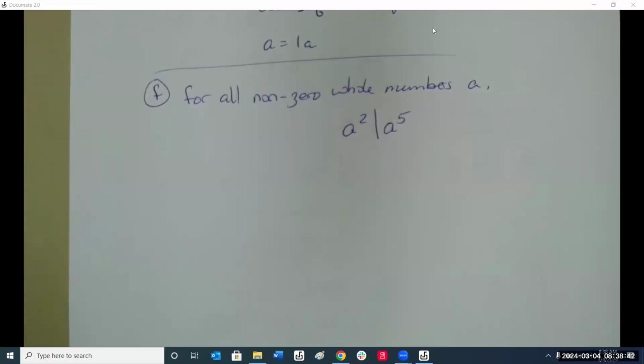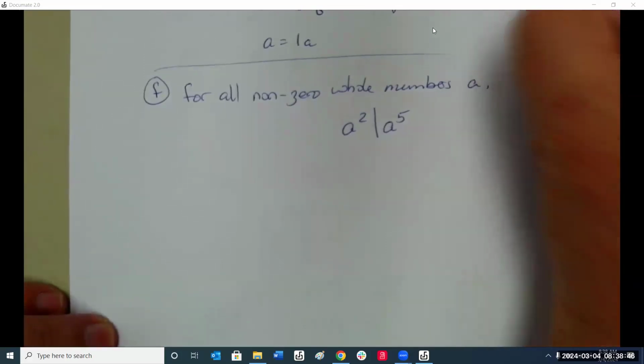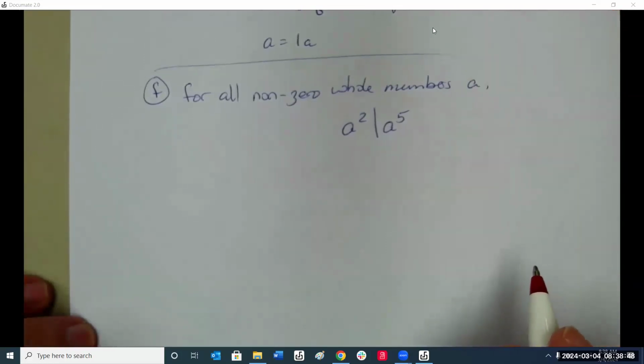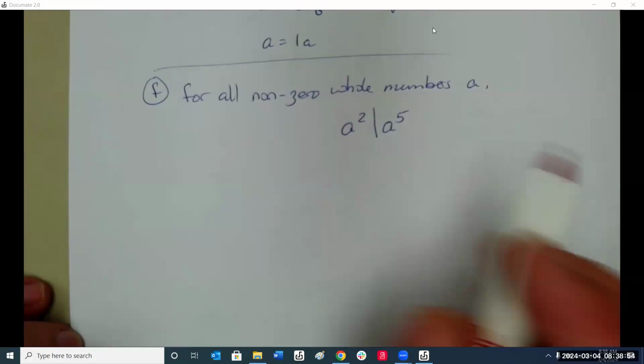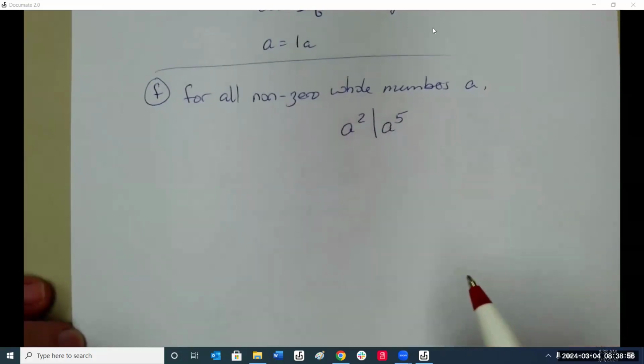True or false? How would you write this as an equation?